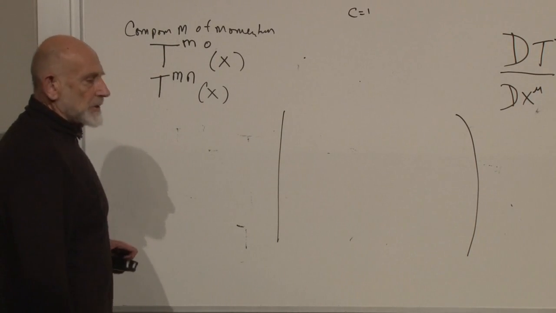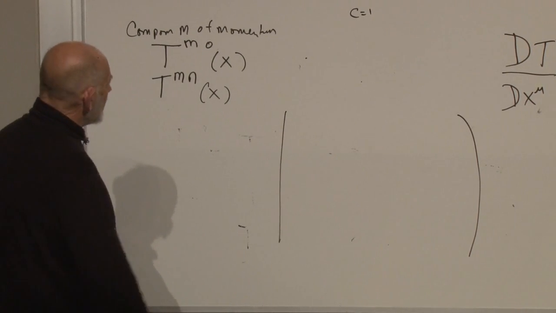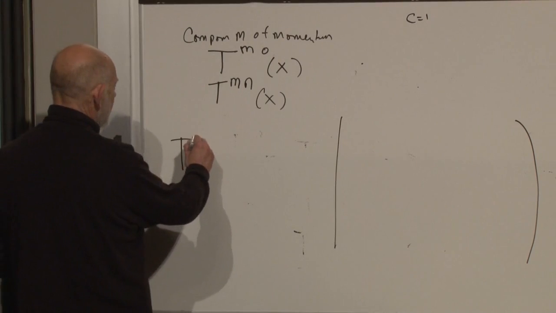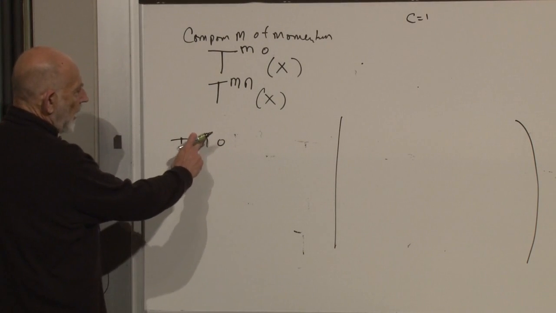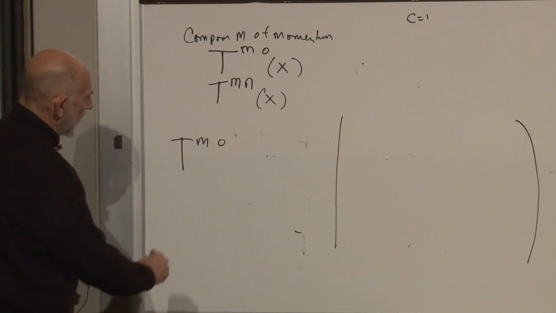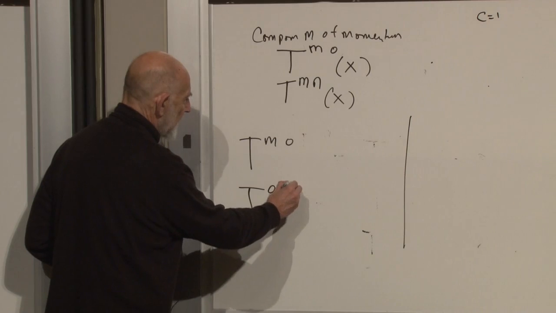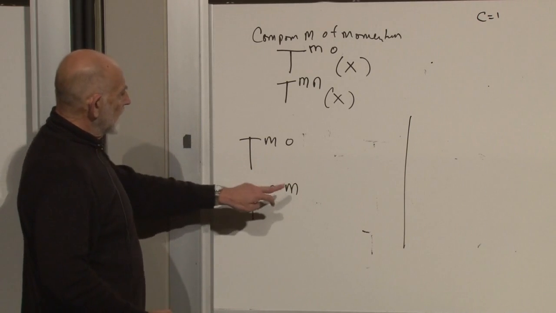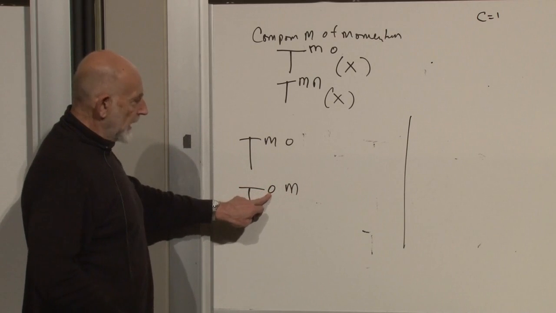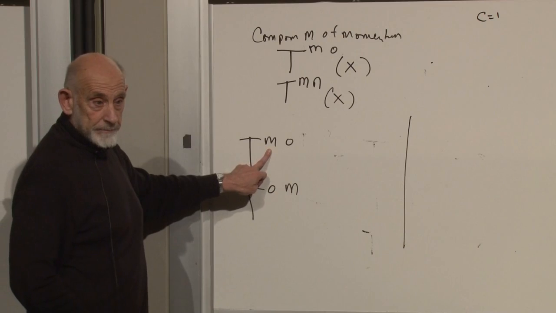The energy momentum tensor has an interesting property which I have not proved. But for example, take Tm naught. That is the density of the mth component of momentum. Compare it with T naught m. That's the flow of energy. This is flow of energy. This is density of momentum.